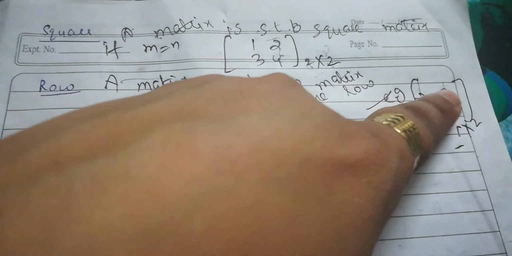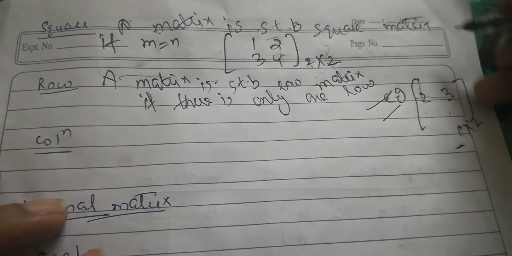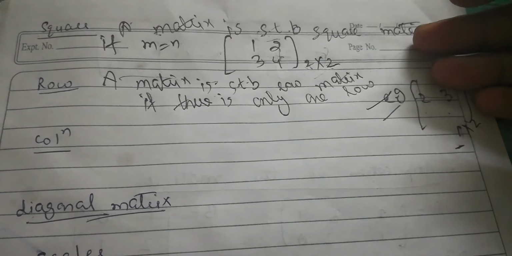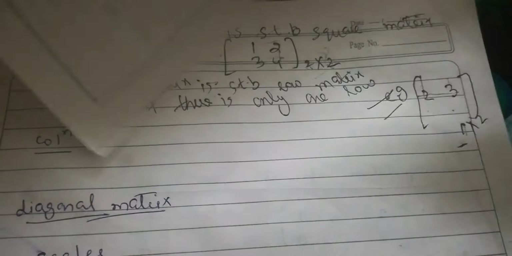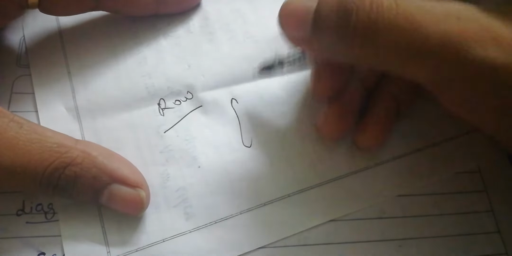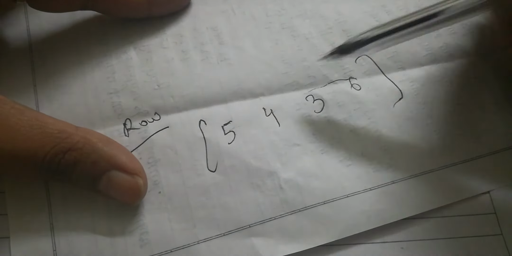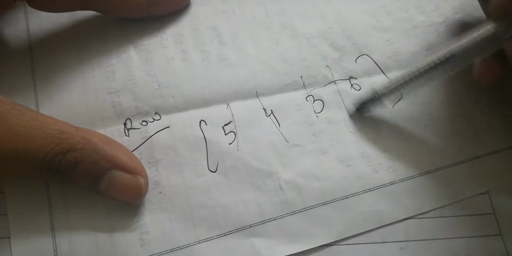Similarly, you can write another example. The second example for the row matrix is 5, 4, 3, 6, any kind. There is only 1 row, but the columns are 4. The row should be 1.